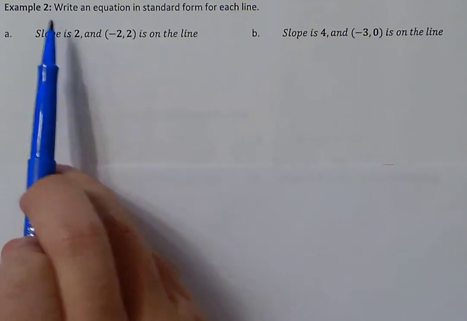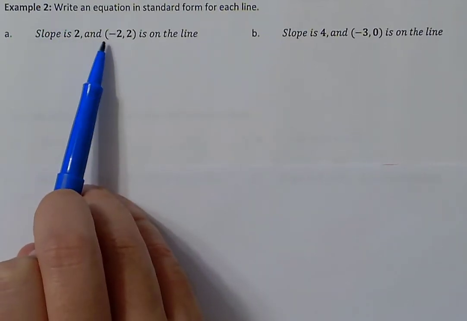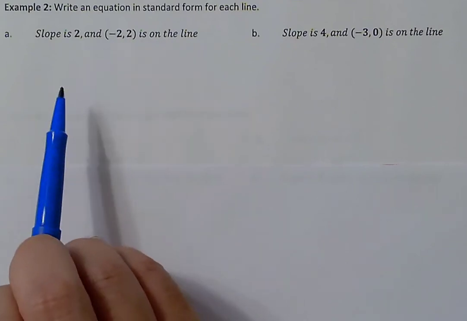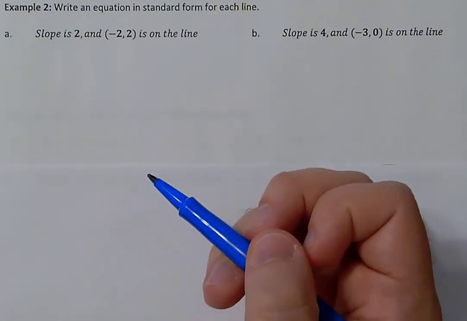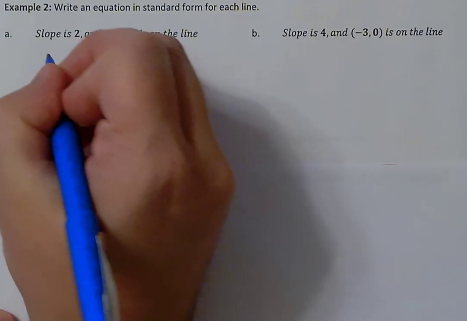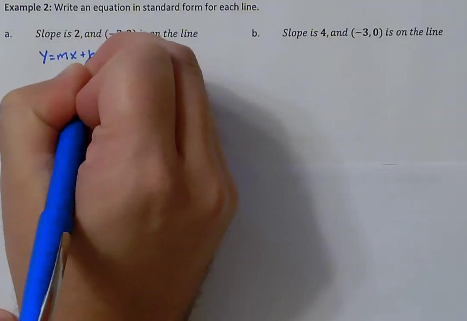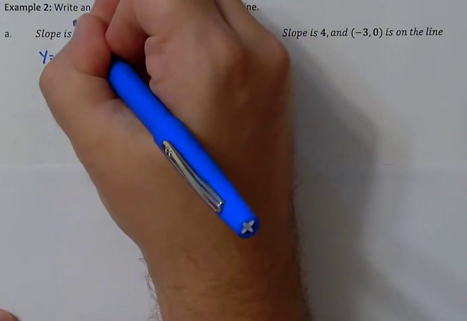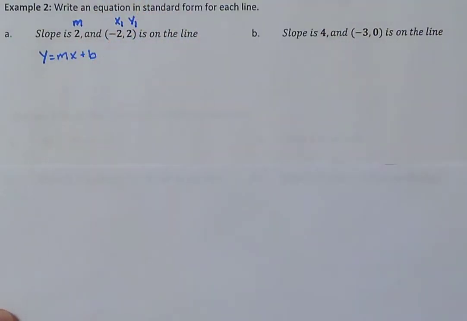So if we look at example 2a, we are told our slope is 2, and it goes through the point -2, 1, that it's on the line. Now, the first way that I'm going to do this is to use the slope-intercept form. So that means y equals mx plus b. They tell me my m, and they tell me my x and y.